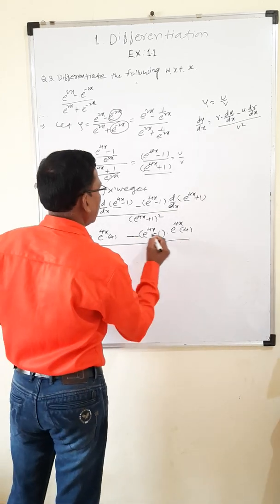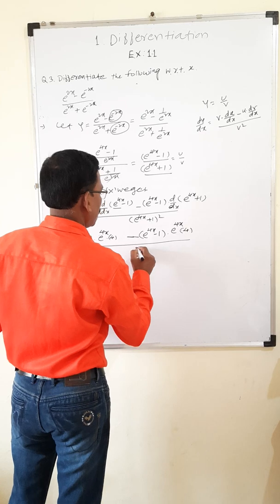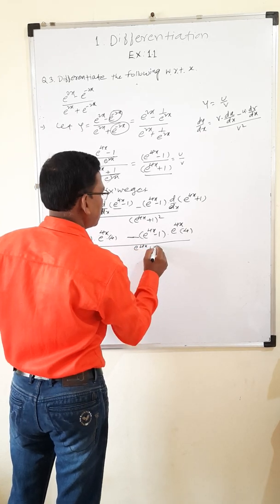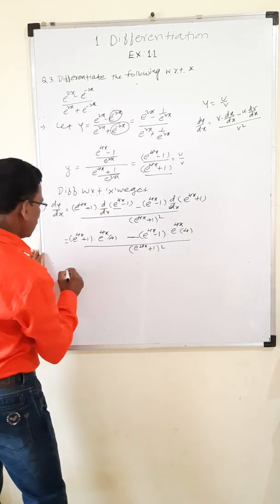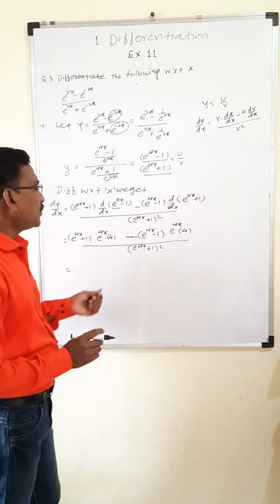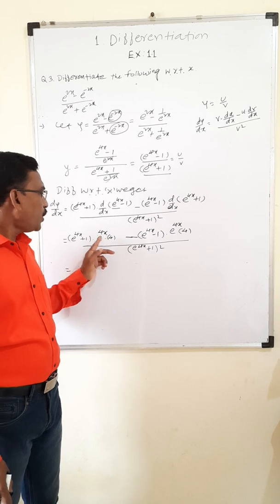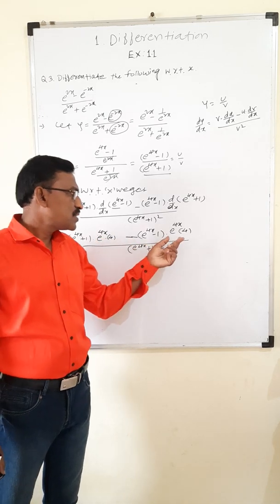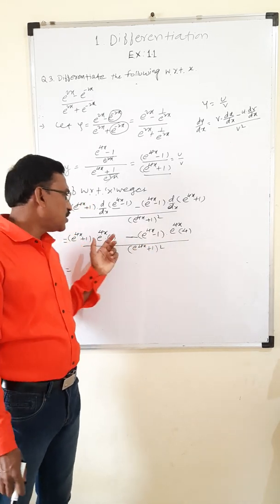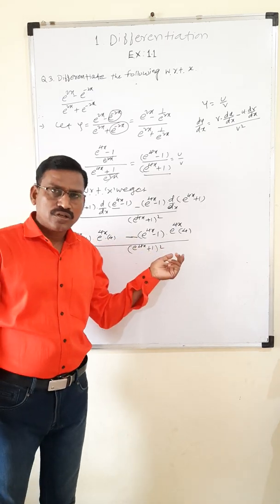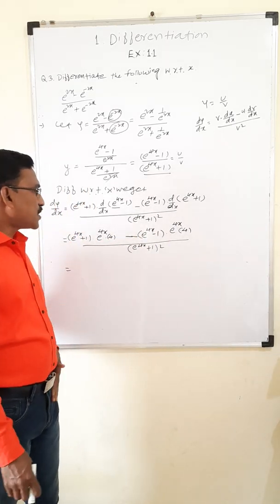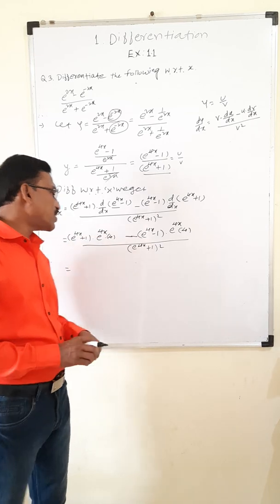Whole divided by e raised to 4x plus 1 whole square is equal to. Now here when we observe, 4 into e raised to 4x is in both sides, or in both the multiplications of this function.